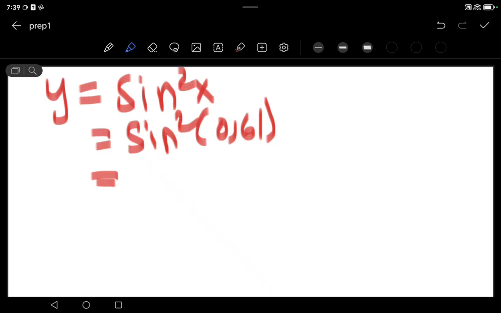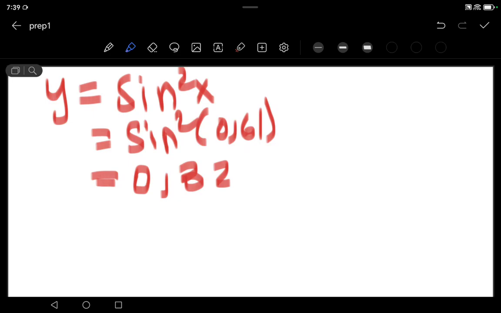I think I need to change my calculator back to scientific mode. No, you know how to calculate this. Remember, it's in radian.